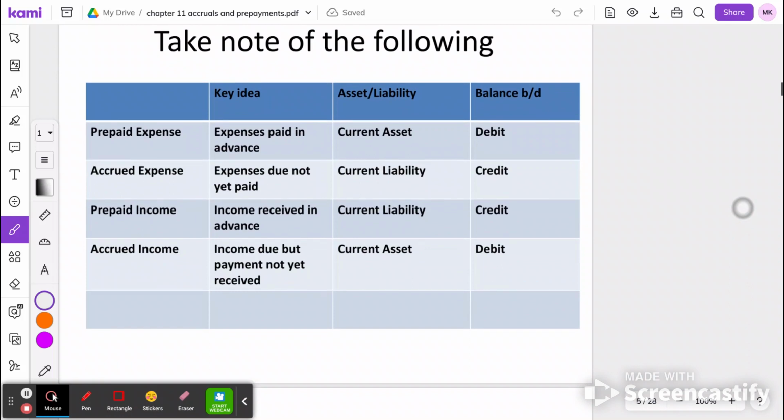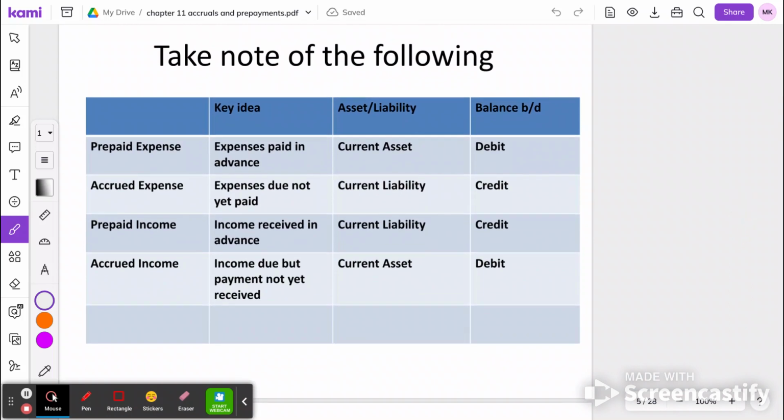All right. So in the IGCSE accounting curriculum, you will be required to prepare ledgers. And it is very important that you know where to place the beginning balances of the ledgers for these accounts. Okay? So any expense that was paid in advance is an asset.